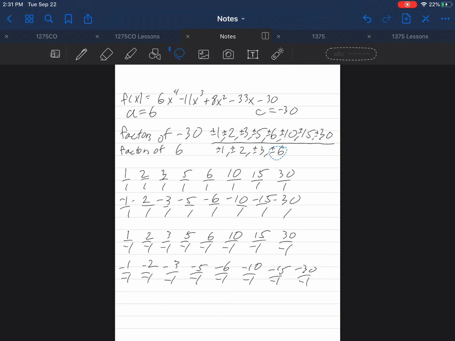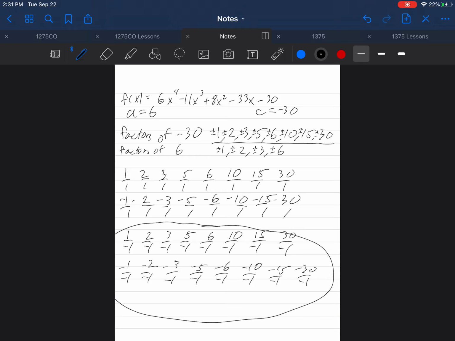And you get a whole lot of possibilities, but you also get a whole lot of eliminations. It turns out that all of these here are going to be some form of duplicates of this. So you will get a whole lot of duplicates.